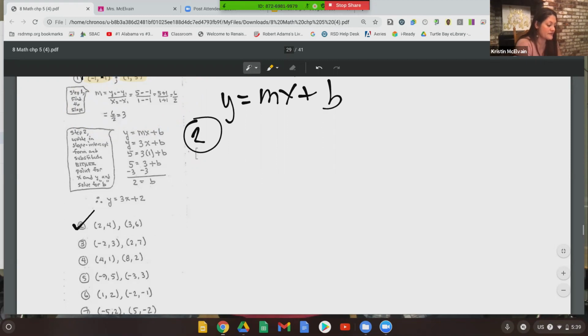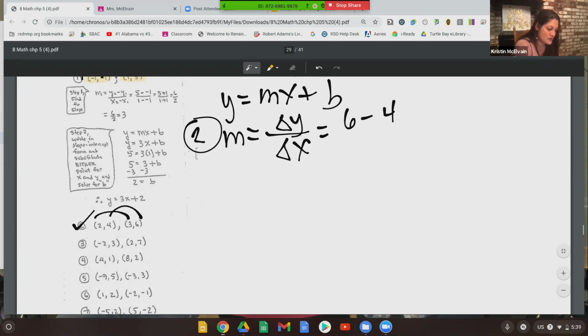First we find our m equals y minus y over x minus x, or change in y over change in x. And that's going to be 6 minus 4 over 3 minus 2, gives us 2 over 1, which of course is 2.